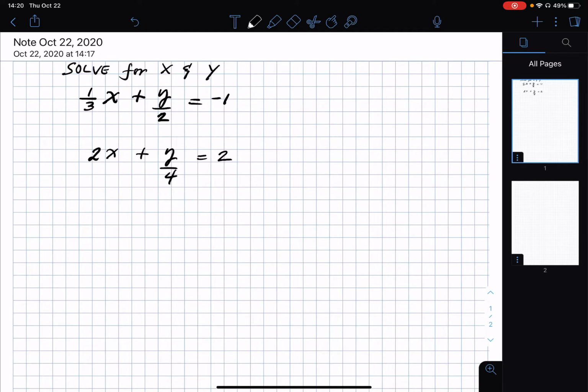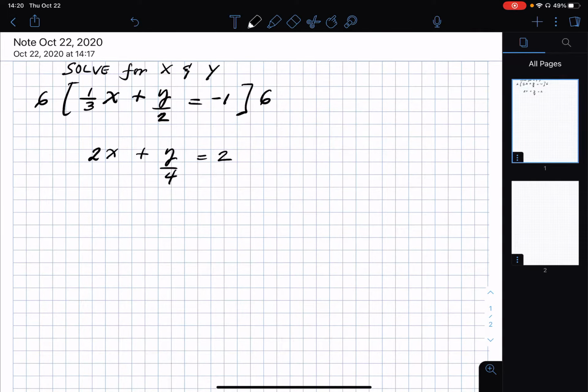What I will do here is take out the fraction, and the technique is you multiply both sides of the equation by a common number. Since you see 3 and 2 here, I will multiply it by 6, kind of like their LCD.